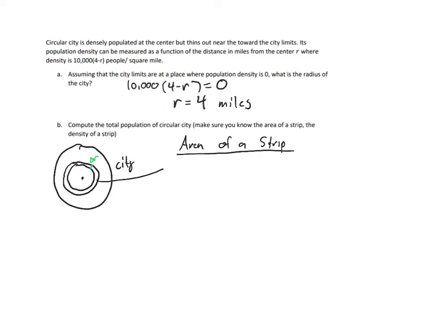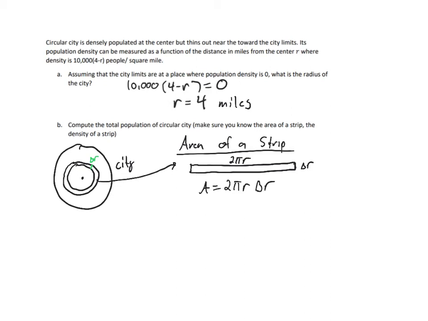If I took this strip and I unrolled it, it would actually form a rectangle, where this would be delta r. And the length of that rectangle would be the same thing as the circumference, or its distance around. We know distance around a circle, or circumference, is 2 pi r. So the area of a strip is 2 pi r times delta r.